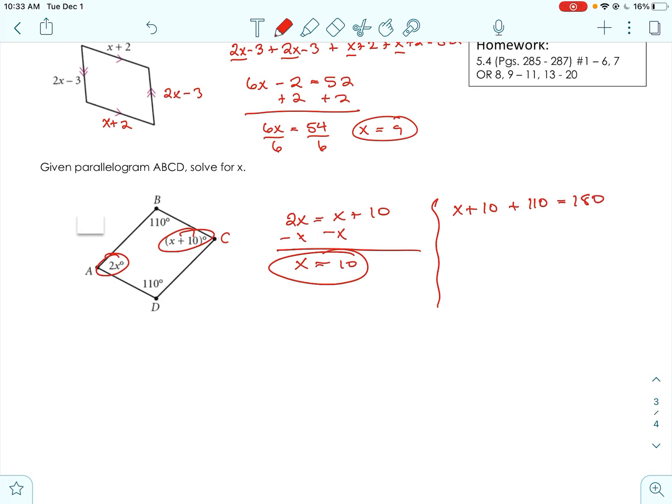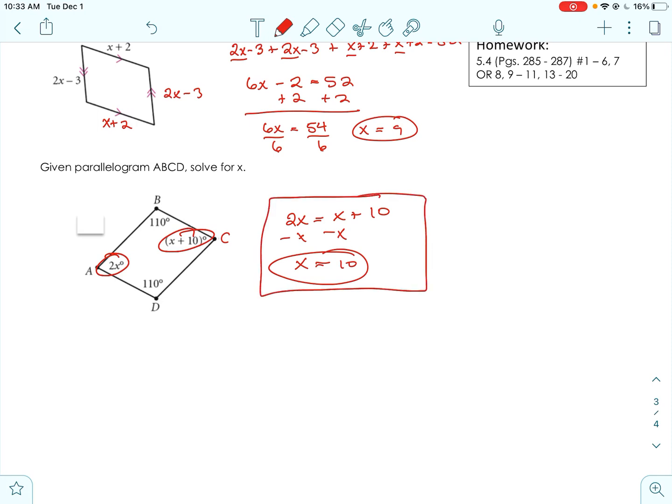So if we do that, scratch that. Let's just use this. So again, what we used here was, we know that those two angles are going to be congruent.